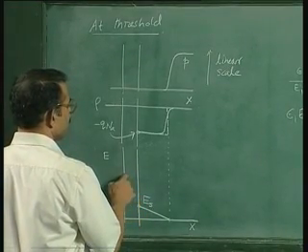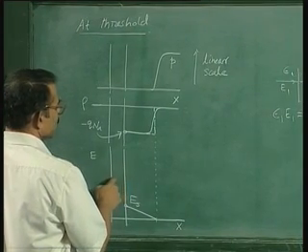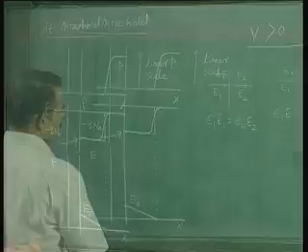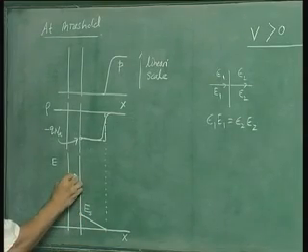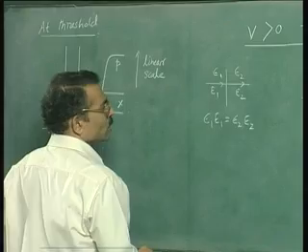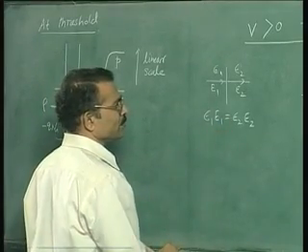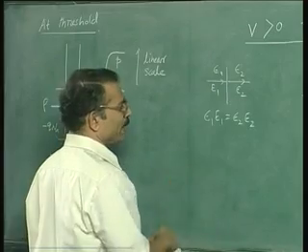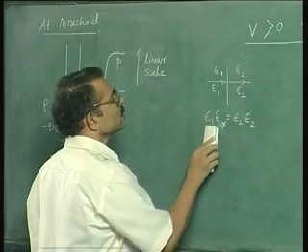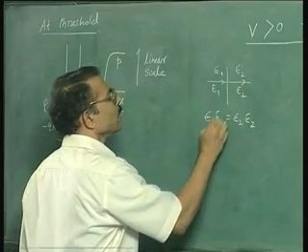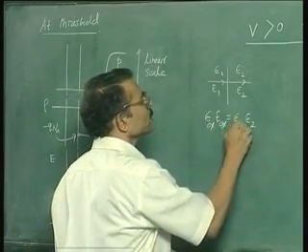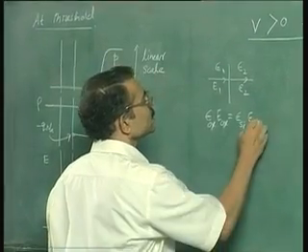In terms of this, we can draw the electric field in the oxide. In the oxide layer, the electric field would be constant because there is no space charge, and this electric field would be related to Es by this formula. So we can substitute the dielectric constants here: this is epsilon ox, and here it is epsilon silicon, and this is Es.